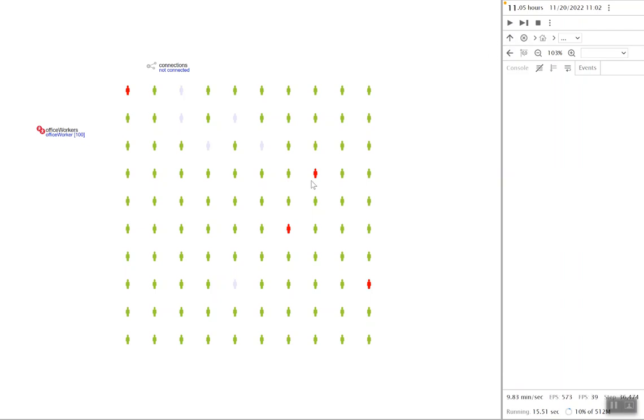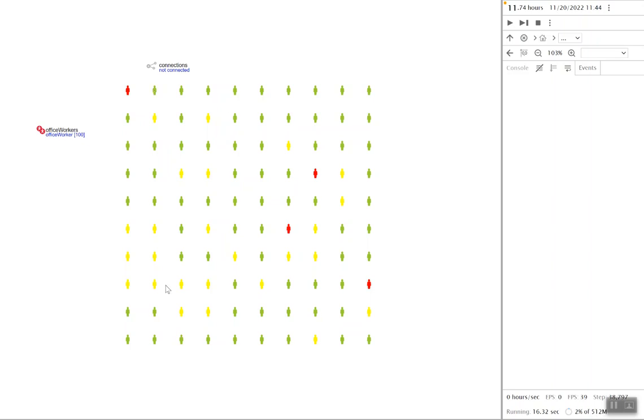At 11 a.m., there's a minor delay between the timer and the animation, but as we saw, once we reached 11 a.m., all of the agents, except these 4 because they are already sick, changed to green.